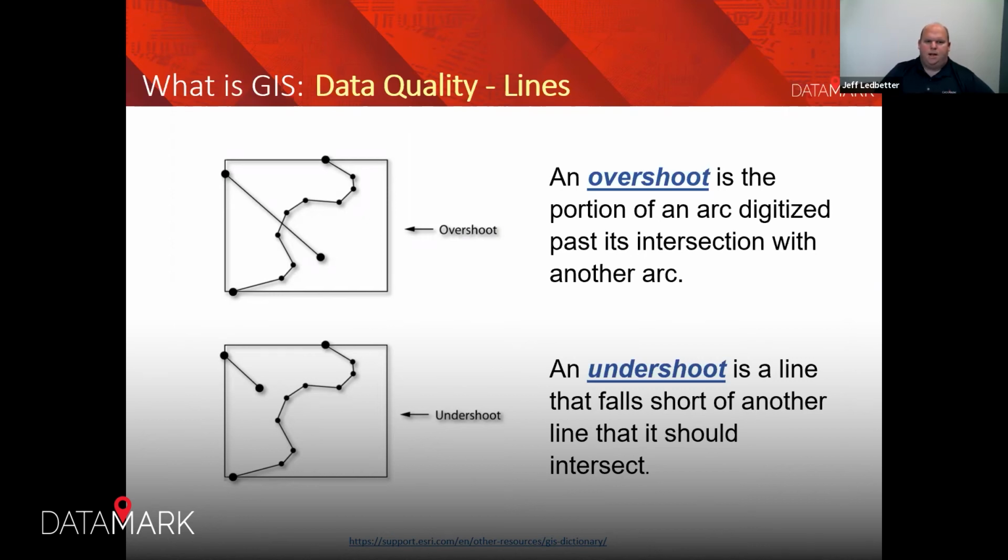Whenever we see data quality issues of those networks and these lines as they come together, we often see overshoots and undershoots. As you can see in the visual examples on the left, the overshoot is one that intersects a line instead of connecting at a node, where an undershoot is one that didn't get to the node and doesn't intersect a line or falls short.